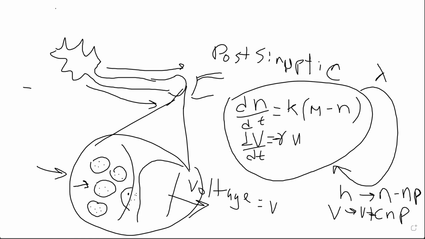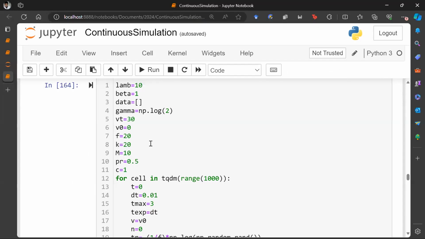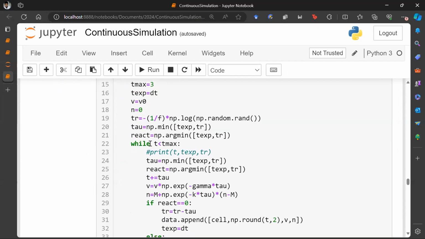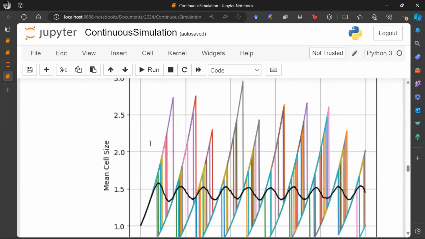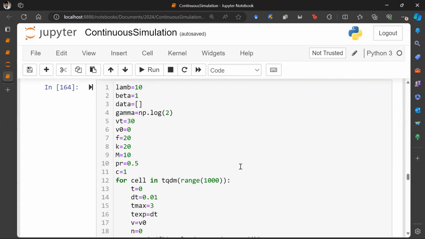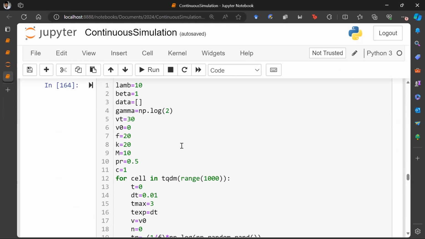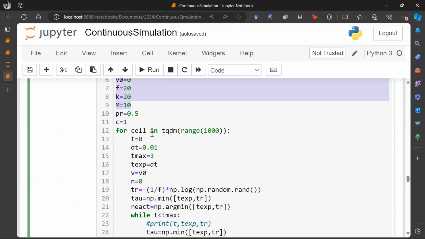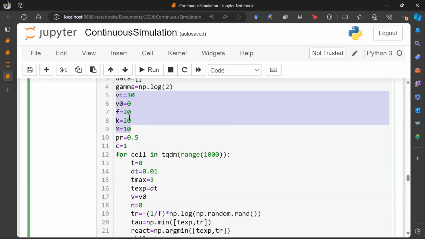So I modified this model to consider the neurons. I put here all my variables. So the idea is this can be lambda, but I use F. Okay, so this is my frequency of incoming pulses.